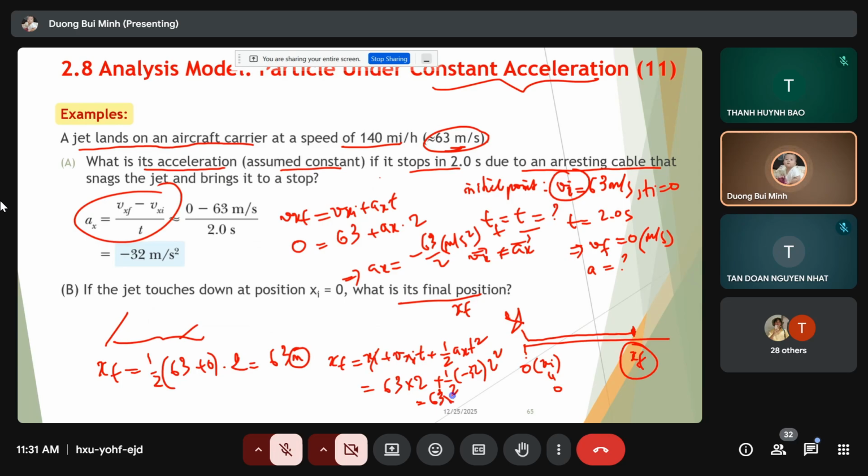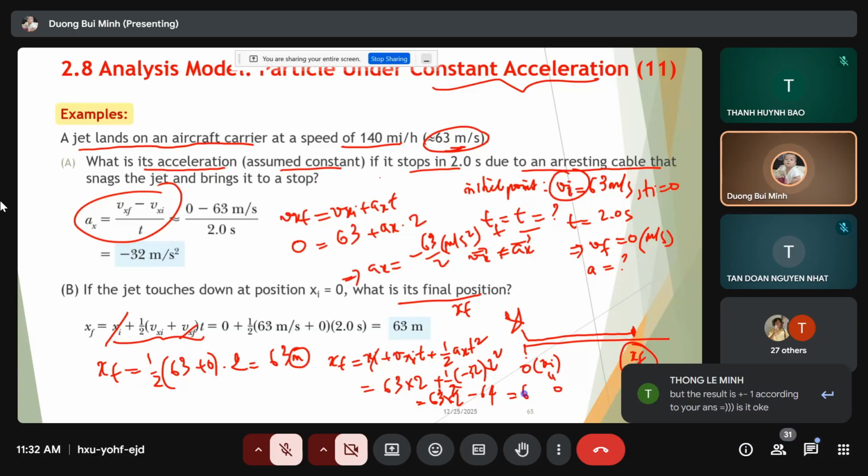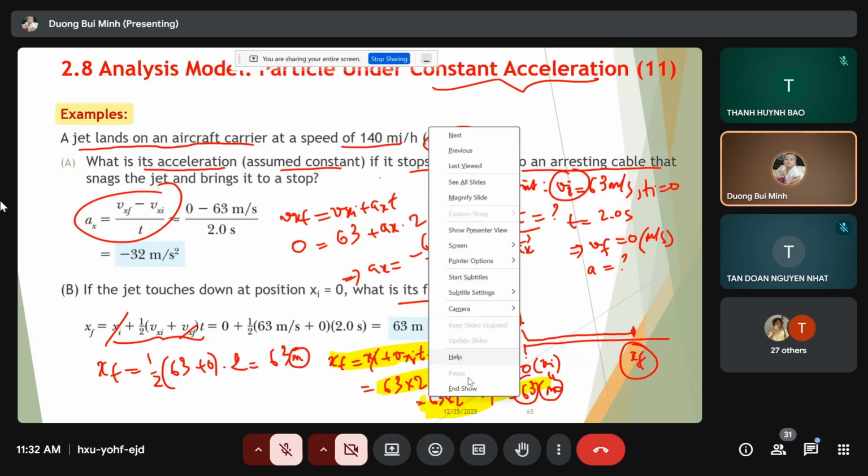So 63 times 2 and the second term, you get minus 64, right? Yeah, 64. It's nearly 63, the same results. It's up to you. Okay, you can do that. Is it clear for you?